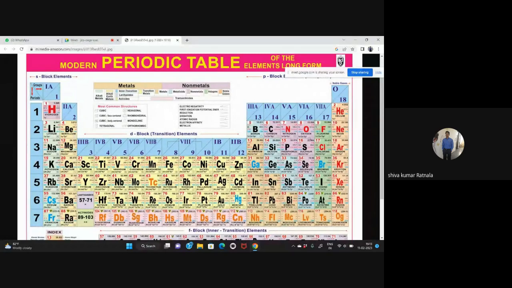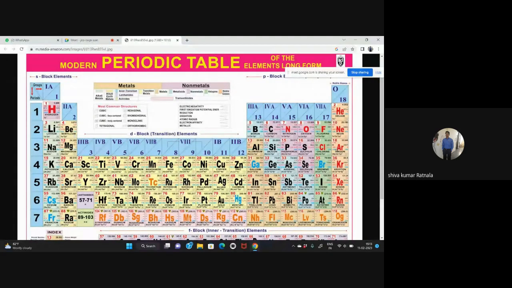Next, oxygen, that is the 16th group: oxygen, sulfur, selenium, tellurium, polonium, and livermorium. Next, halogens: fluorine, chlorine, bromine, iodine, astatine, and tennessine.